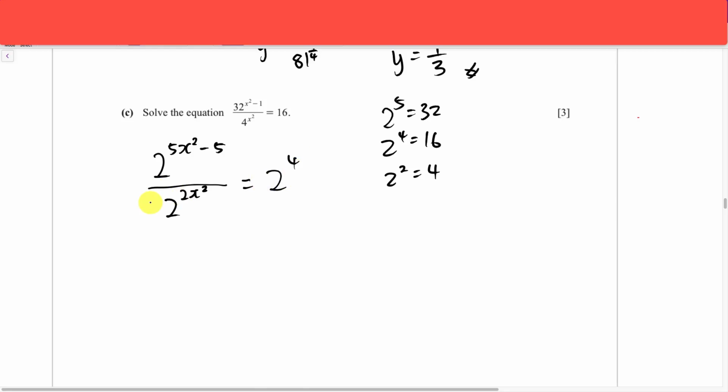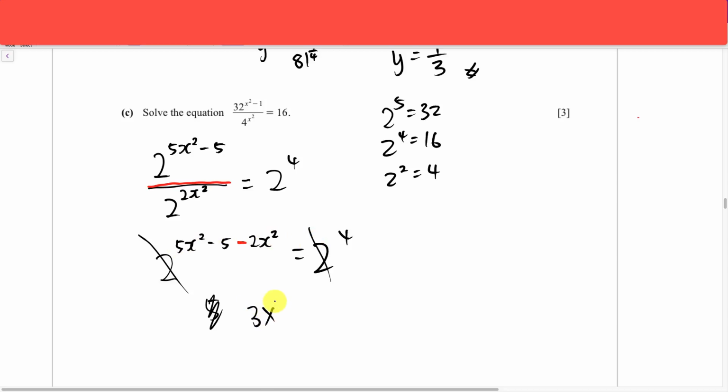Alright, and then we understand that divide means minus in the power, isn't it? So this one will be 5x squared minus 5 minus 2x squared. Minus because it's divide. This divide over here means minus here. Just in case you don't know, this is 2 to the power of 4. When both sides have base 2 already, then you can simplify.